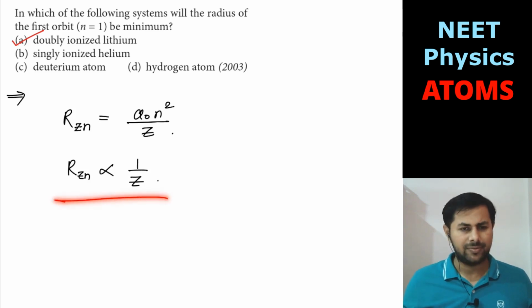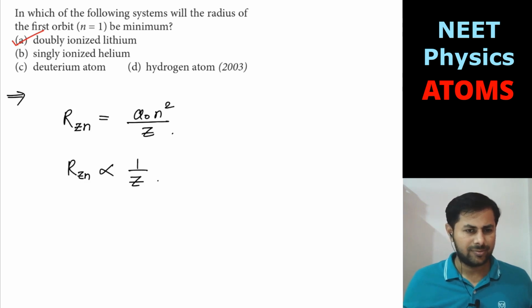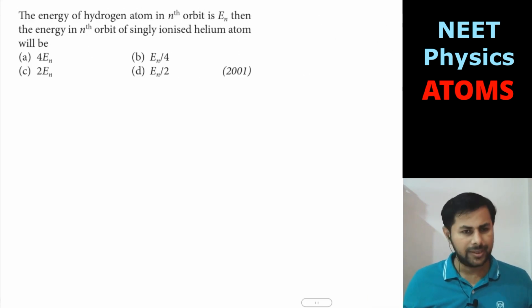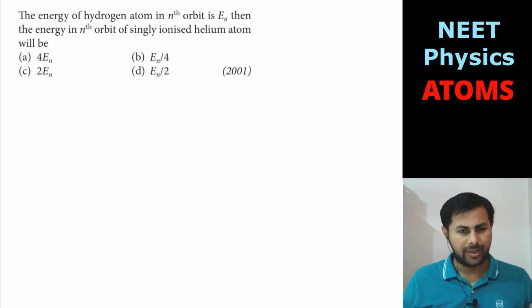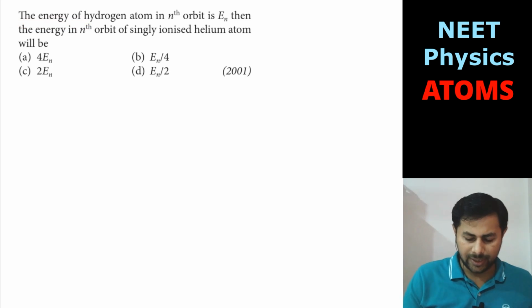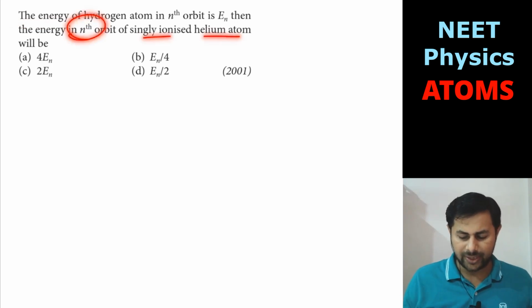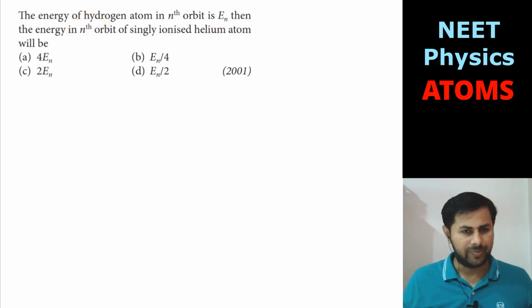This is clear? Yes, no? Okay, good. Let's see next one. The energy of hydrogen in nth orbit is En. Then the energy in nth orbit of singly ionized helium atom will be.